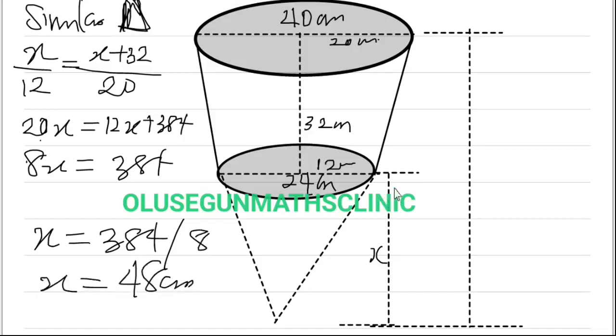So if this is 48 centimeters, the total height of the cone will be x plus 32, so 32 plus 48 gives us 80. That's why I wrote 80 centimeters here. Now, how do you calculate the volume of the bucket?